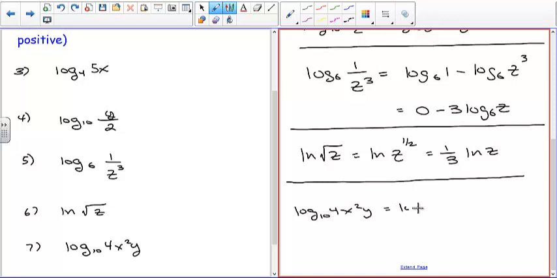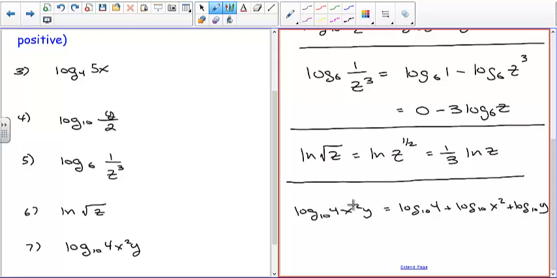So you're going to have log base 10 of 4 for that part, plus log base 10 of x squared, plus log base 10 of y. So I'm using the product rule to break each one of these apart.